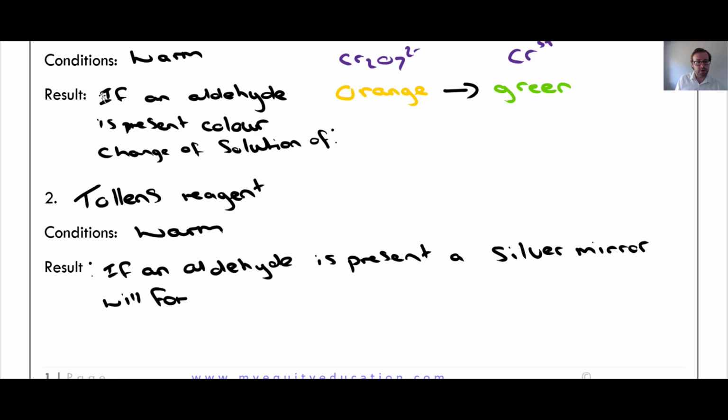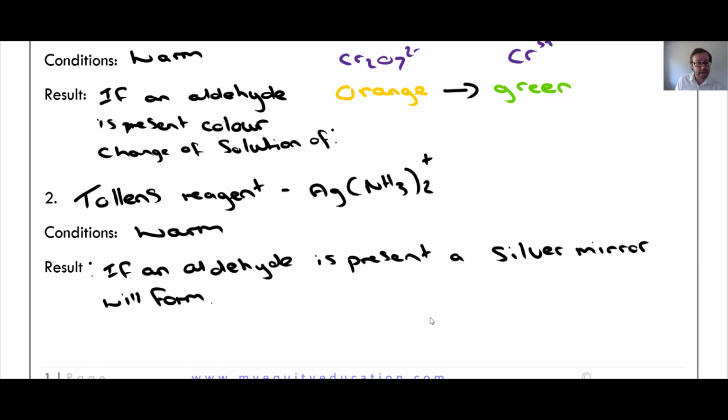Both these tests are usually done in test tubes. Tollens reagent is a mixture of Ag(NH3)2+. So this is my Tollens reagent.